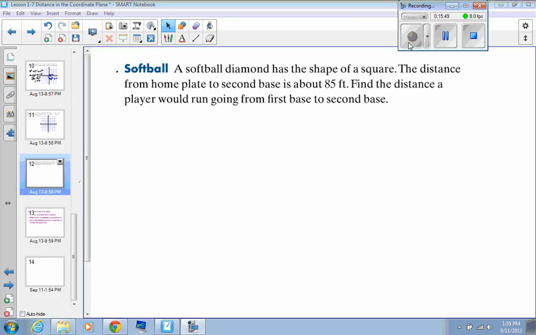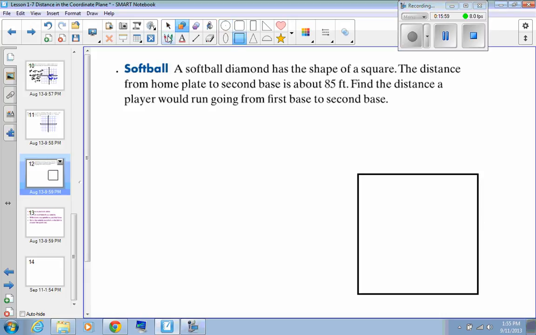So let's look at our last problem. It says a softball diamond has the shape of a square. The distance from home plate to second base is about 85 feet. Find the distance a player would run going from first base to second base. So if this is home plate, and it's saying that the distance from home plate to second base is 85 feet.